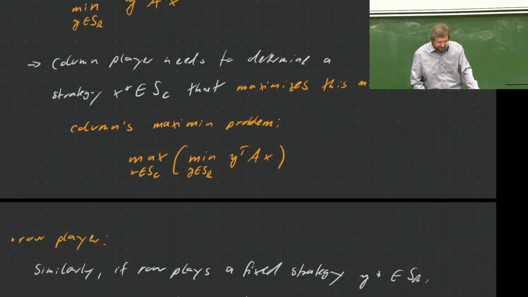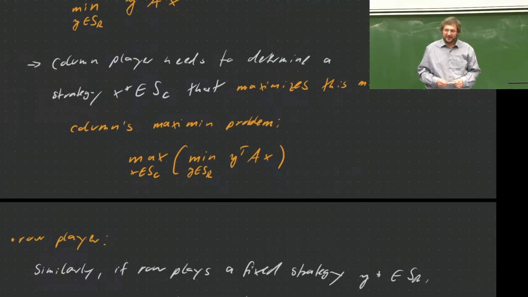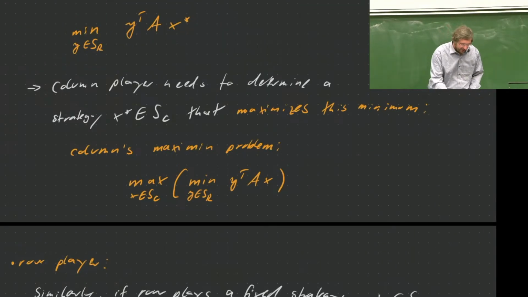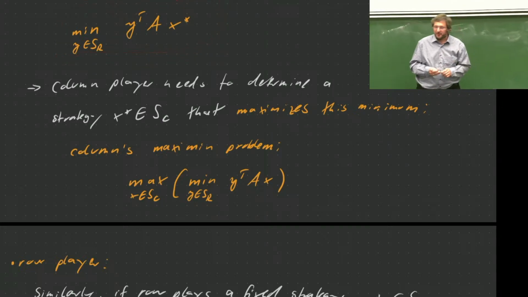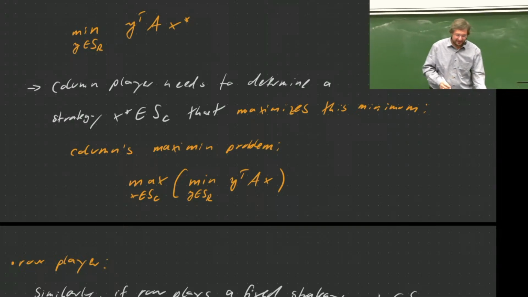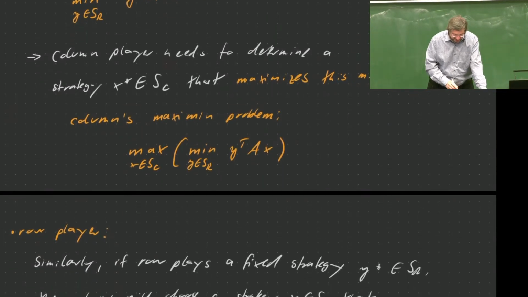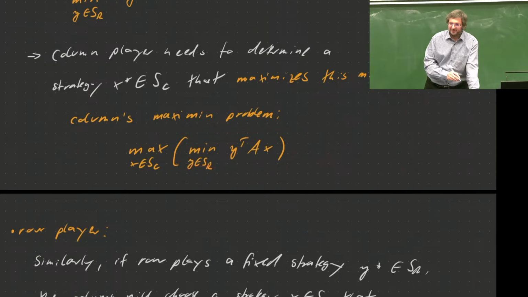So column needs to choose an X star strategy that after this minimization yields the worst possible outcome for row, or the best possible outcome for column. Right? So what column does is he maximizes this minimum.